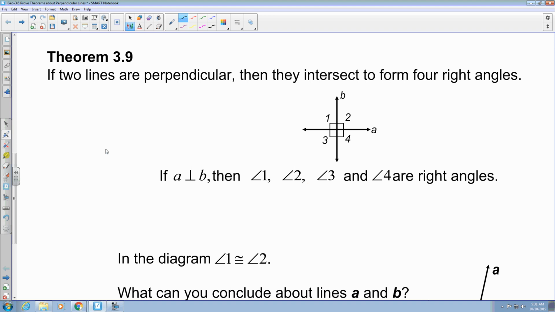Angles 2 and 4 are also a linear pair and congruent, so they must both be 90 degrees. 3 and 4 are a linear pair and also congruent, which makes it 90 degrees. We could also say that 2 and 3 are vertical angles and 1 and 4 are vertical angles. They're all going to be the same measure, which is 90 degrees, or right angles.